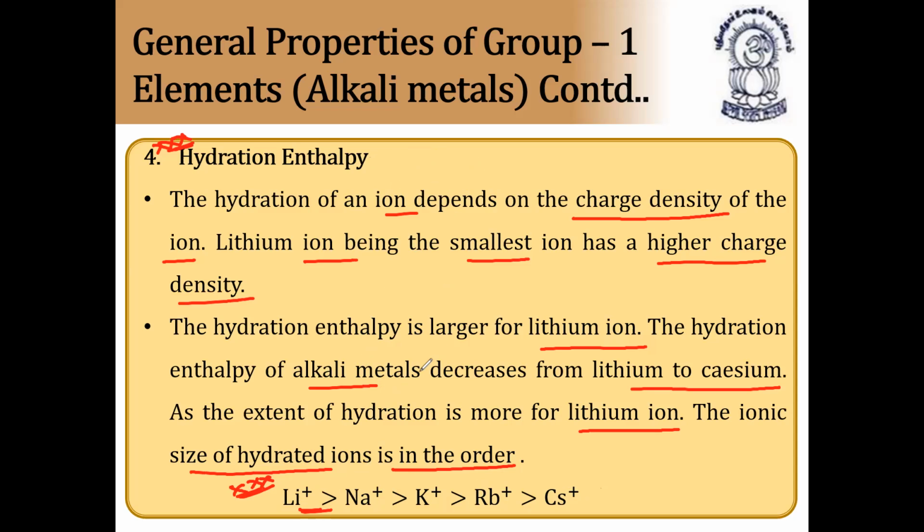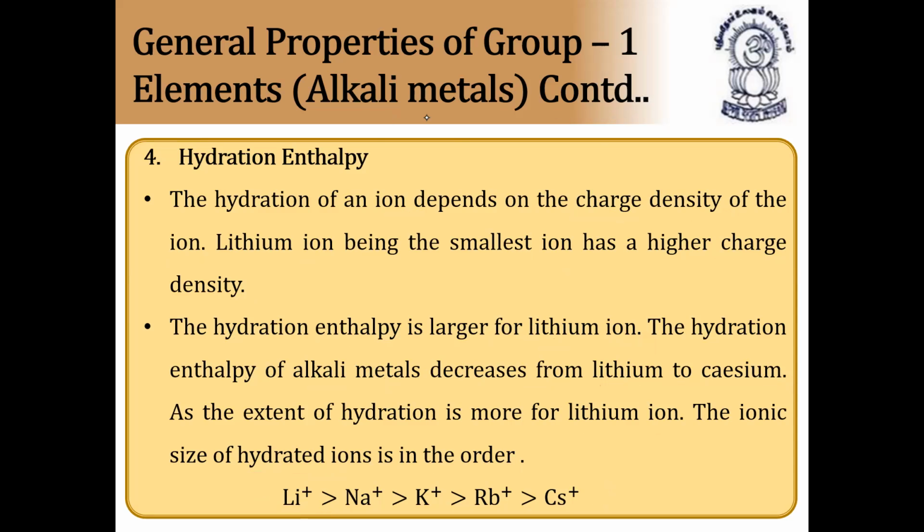So how to answer these questions? Definitely you have to remember these orders or you have to remember the reason. So here in inorganic chemistry, all the reasons are important. You should know the valid reason for everything. If you don't know the reason, you cannot apply the concept and you'll not remember also. So as the hydration enthalpy is larger for lithium ion, the hydration enthalpy of alkali metals decreases from lithium to cesium.